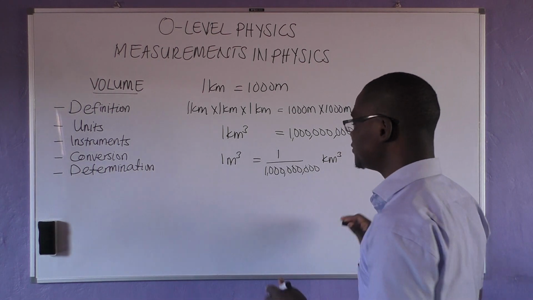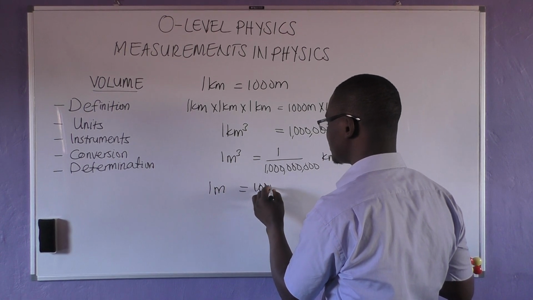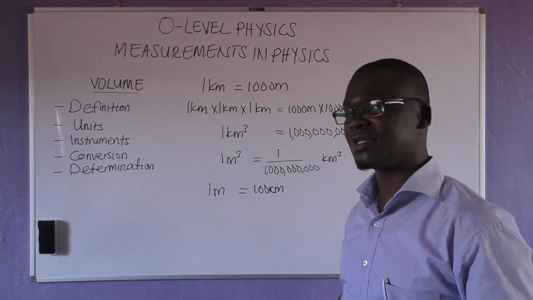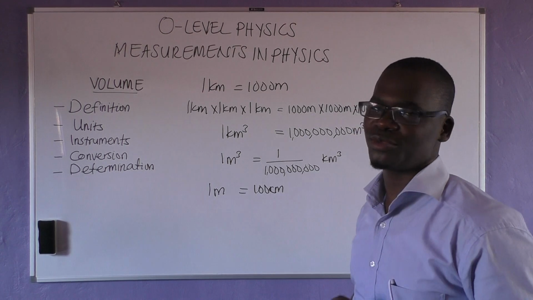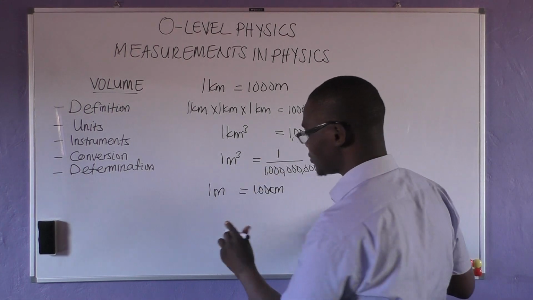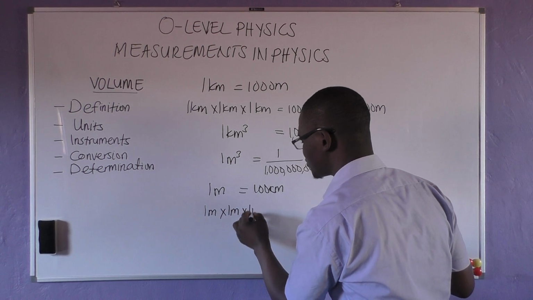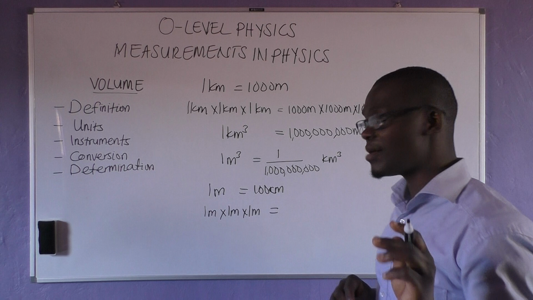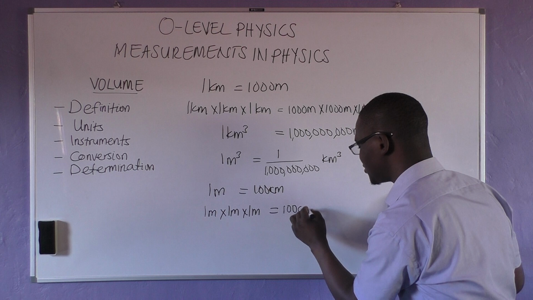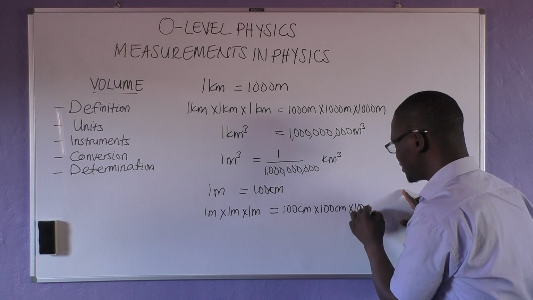We also have 1 meter being equivalent to 100 centimeters. So if 1 meter equals 100 centimeters, what about 1 meter cubed? That means that we shall multiply this side 3 times to give us 1 meter times 1 meter times 1 meter. The same applies to the other side, where we shall have 100 centimeters times 100 centimeters times 100 centimeters.